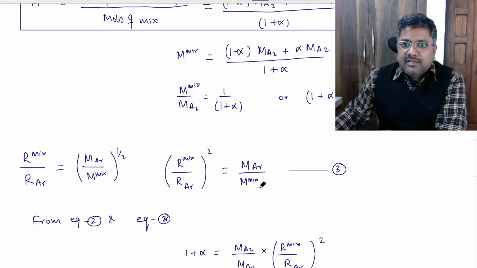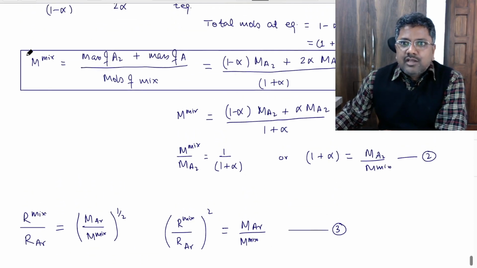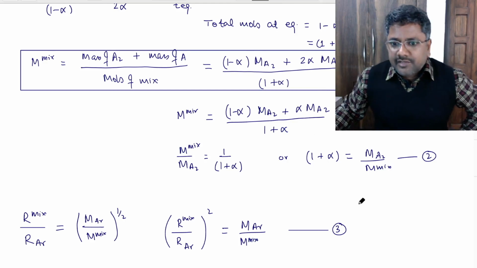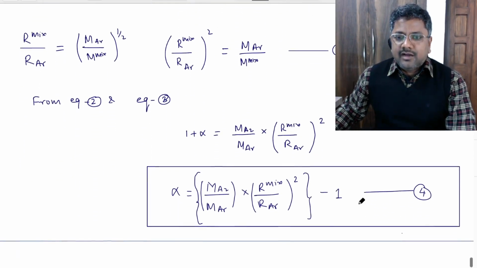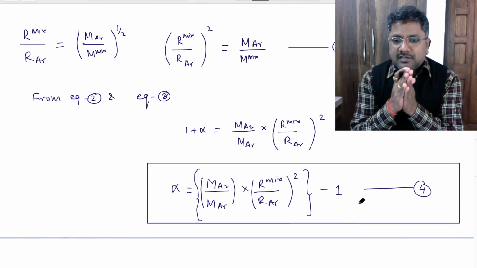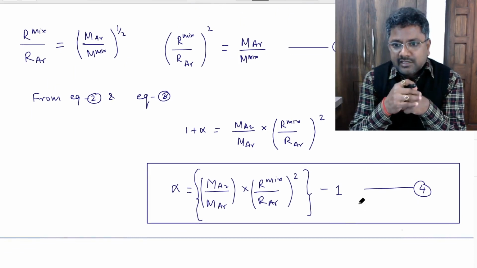So here from equation 3 you can calculate molar mass of mixture, put here molar mass of mixture, and this is known, this is also known, so alpha you can calculate. So these are the different formulas which you can use to calculate alpha from the Graham's law, right?